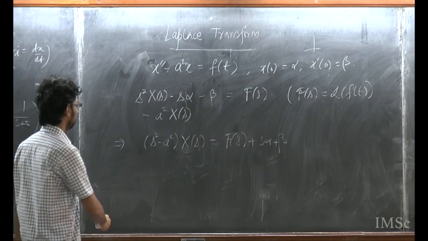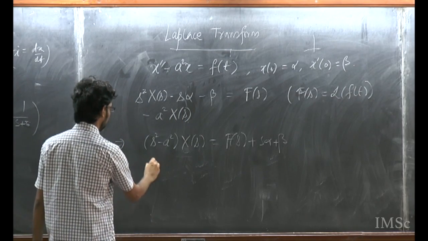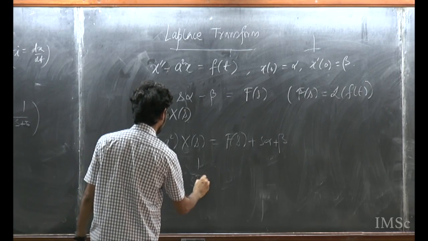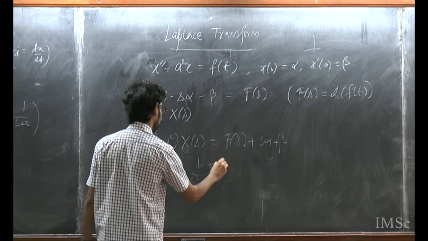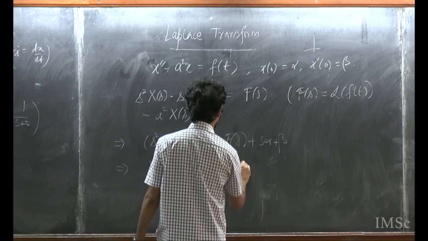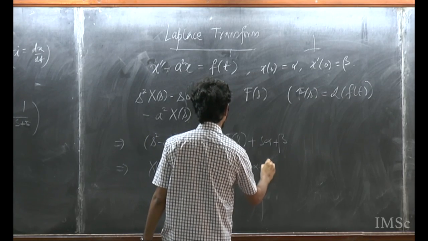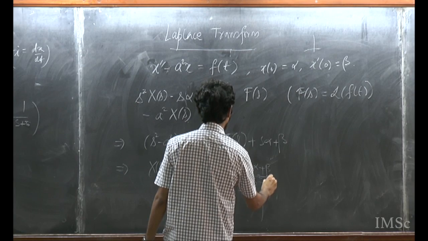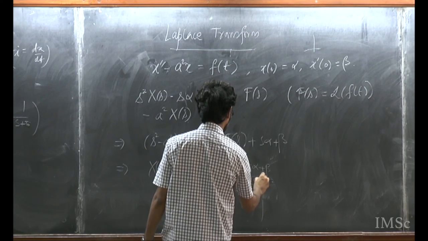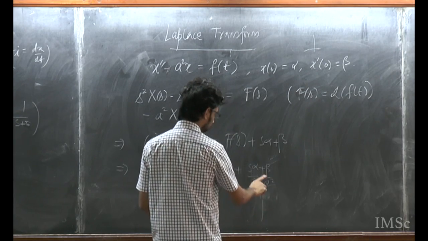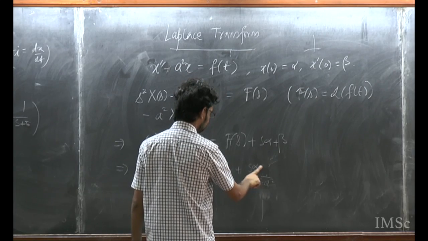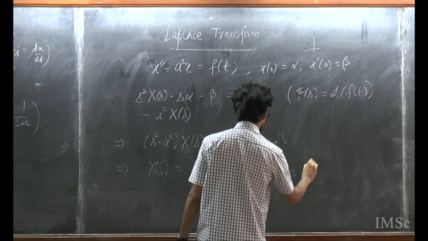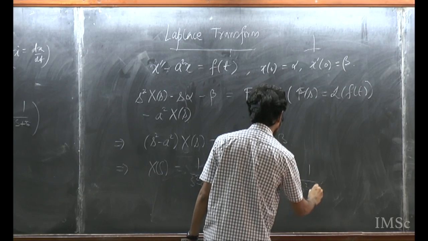Okay, and then X of s is 1 over s squared minus a squared F of s plus s alpha plus beta. So you can further separate out into two parts, alpha s plus beta over s squared minus a squared.